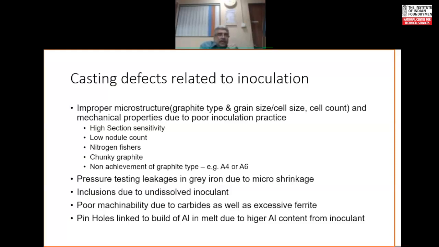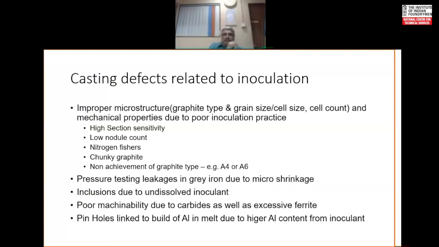So then you have to look at your inoculation practice, look at what kind of inoculant you use. Strontium-based inoculants are pretty popular for avoiding these micro shrinkages. Here you are balancing the two things. There might be a slight drop in the strength because the grains are a little coarser, but then you are avoiding the shrinkage and you are still within your mechanical property requirements.